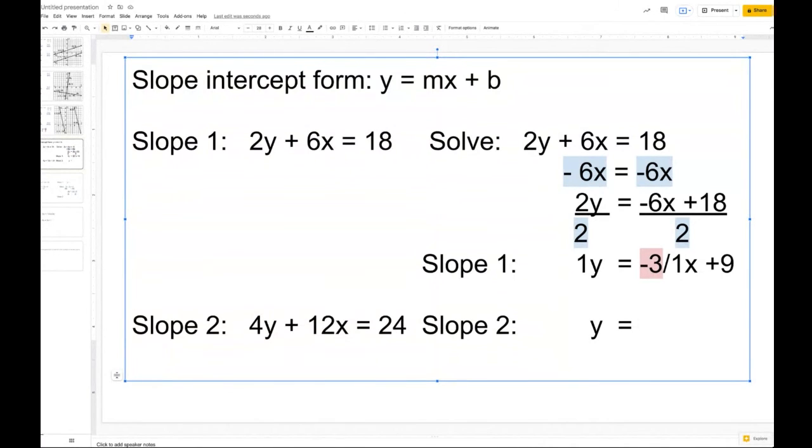Y equals negative 3x plus 6. Nice. So now here once again, you get negative 3.